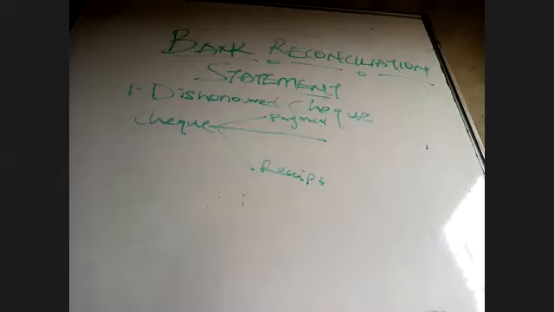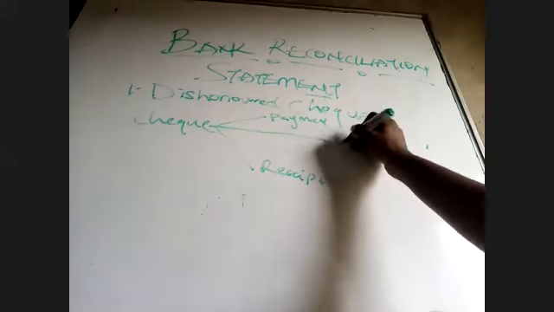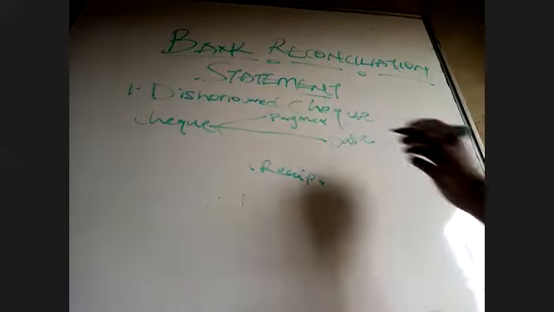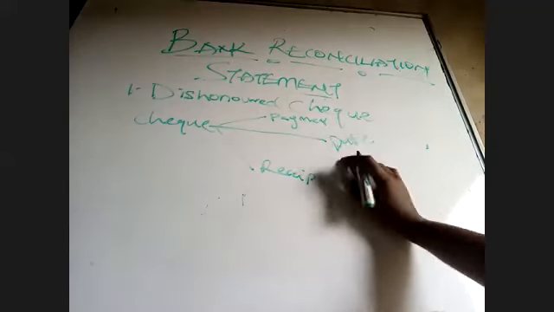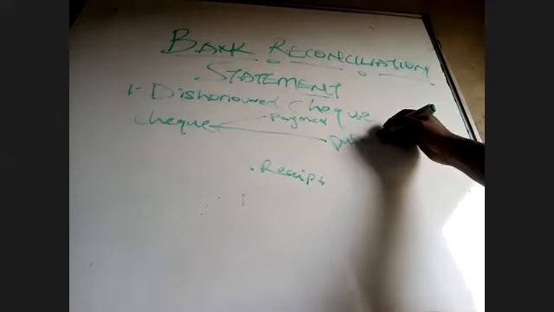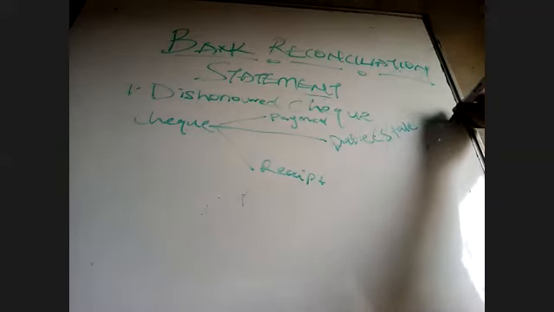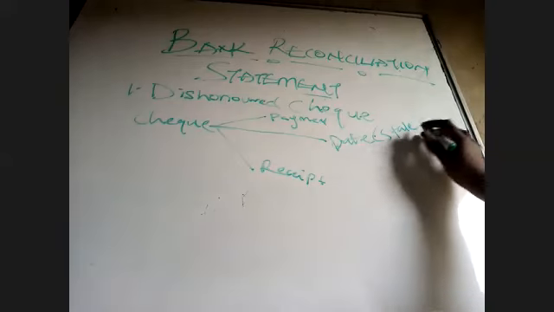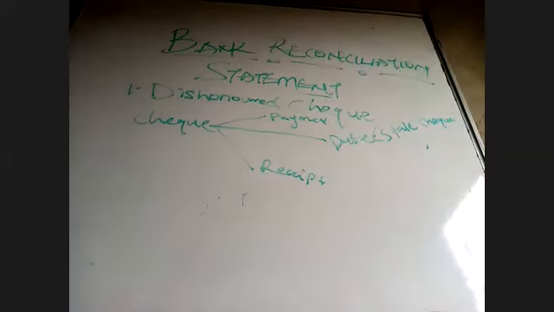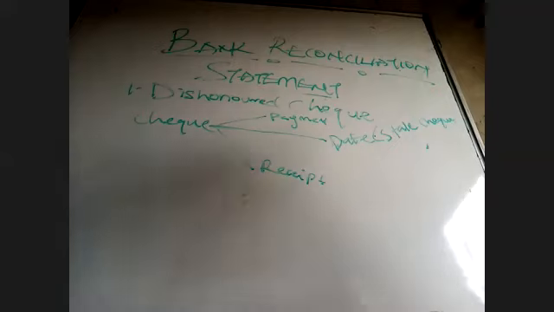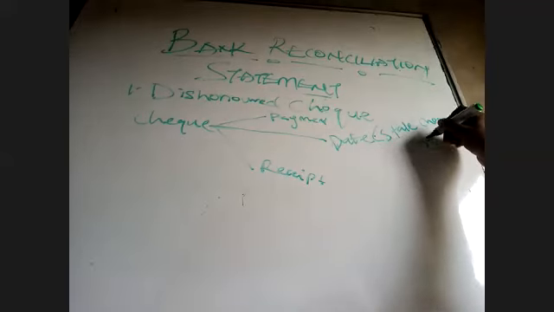We can have a situation whereby the date does not correspond. When the date does not correspond, we might have something we call a stale check. When we say stale check, those are situations whereby the check has been issued for a very long time, usually more than 6 months.